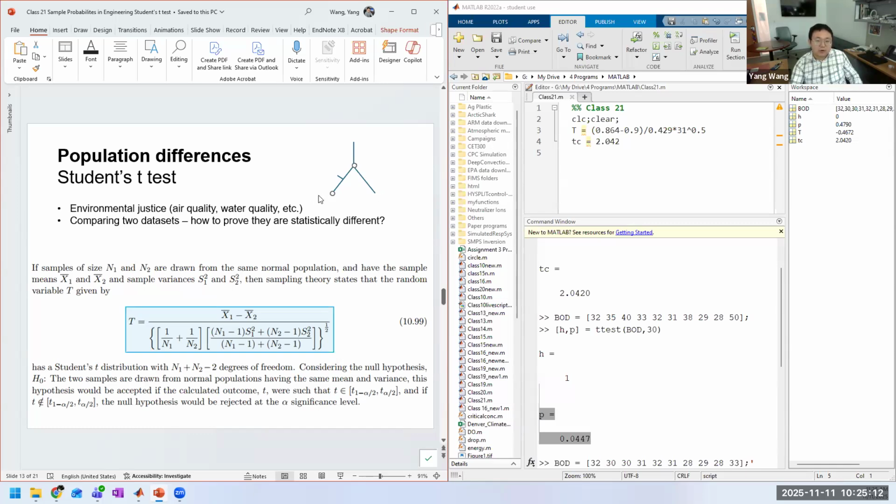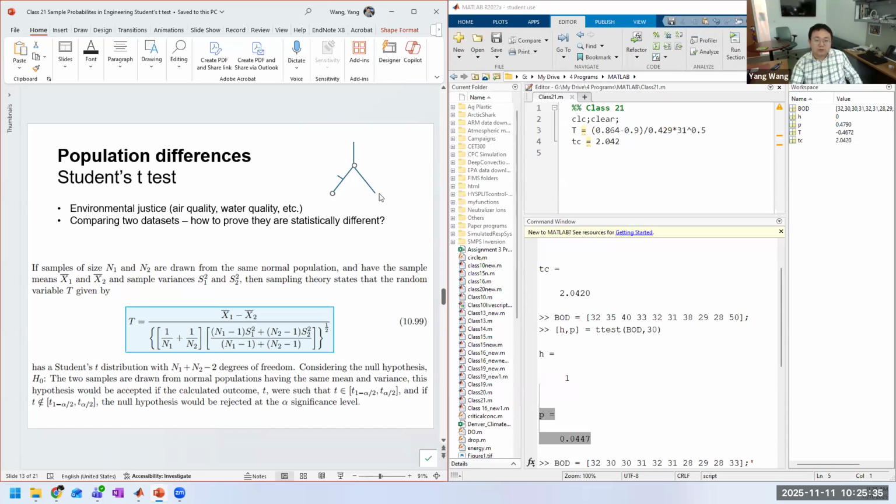So now we're comparing two different populations instead of seeing whether one sample belonged to a certain population. We're comparing two different data sets, and we're doing a paired measurement, which means we conduct the measurements at the same time, or at least the same day, when taking the dissolved oxygen concentration.